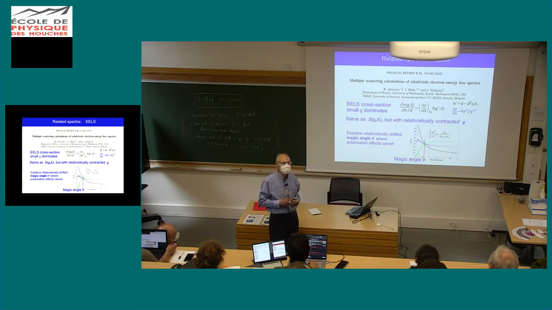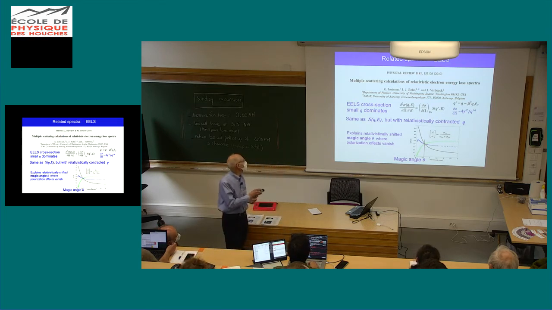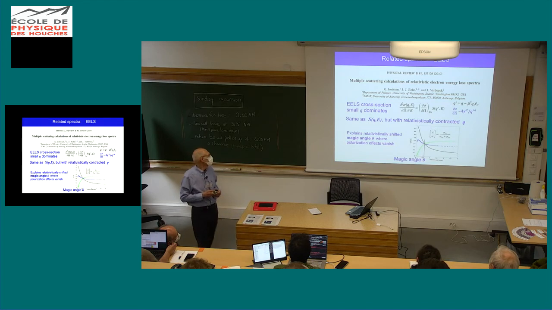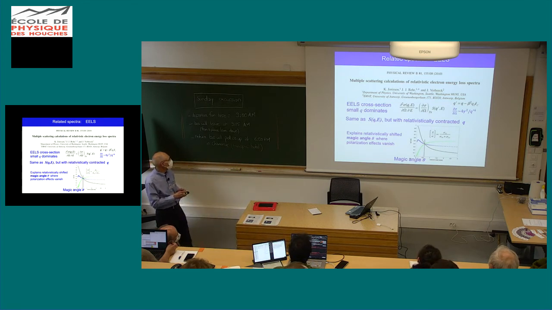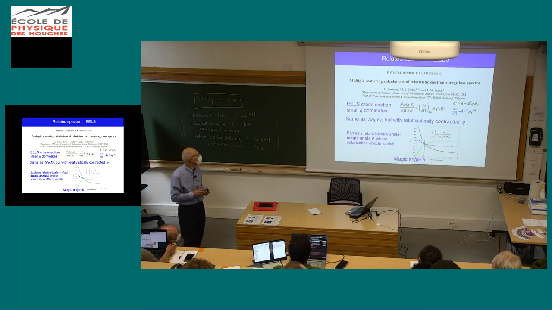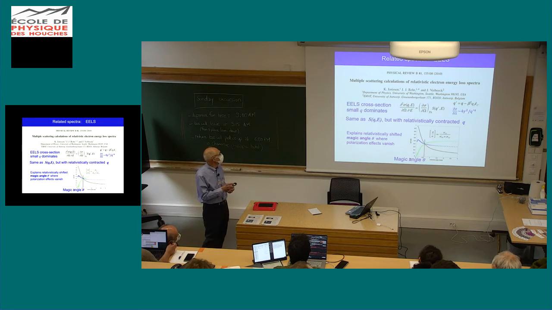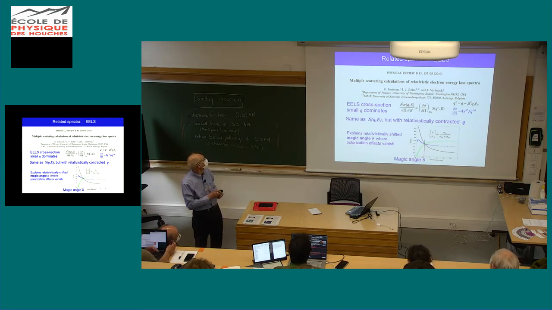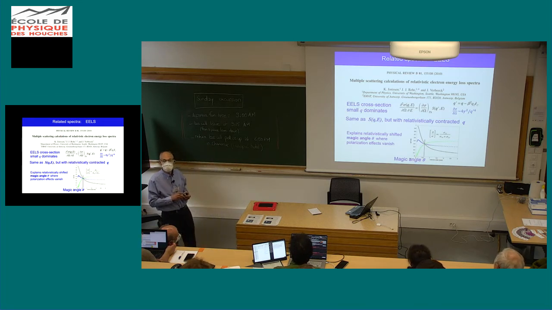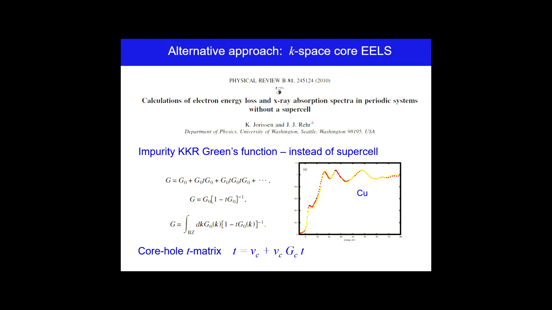What happens is that the q vector gets Lorentz contracted along one direction. And this messed up the magic angle that they found in polarized EELS calculations. But otherwise, it's similar. It's easy to correct this. And we can do EELS quite accurately. And you can put in collection angles and that other stuff as well.